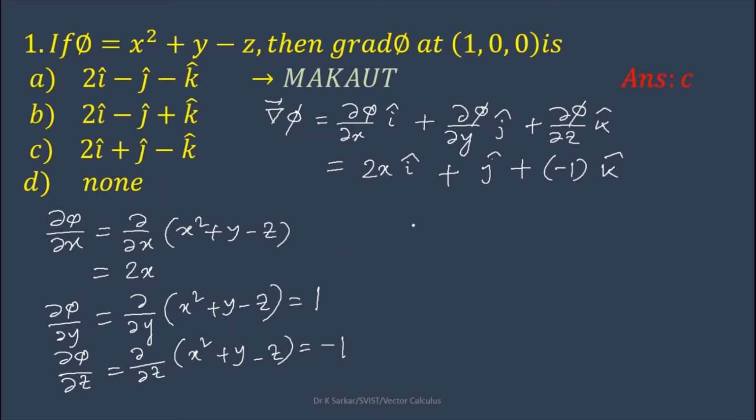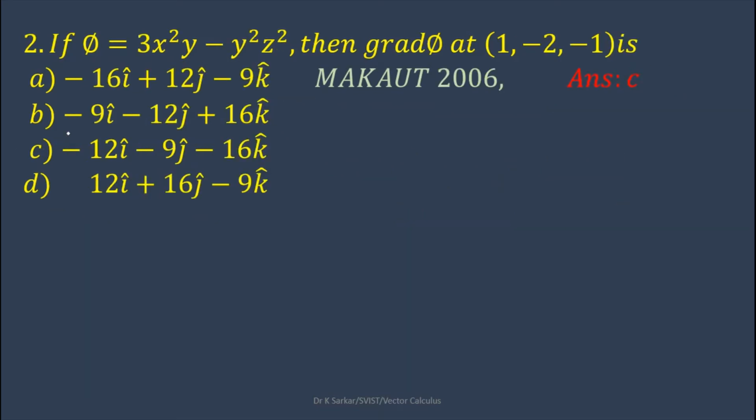So we will get grad phi as 2i plus j minus k. So option C is the correct answer. Next question: if phi equals 3x square y minus y square z square, then find grad phi at (1, minus 2, minus 1). Similar question, you work out yourself.